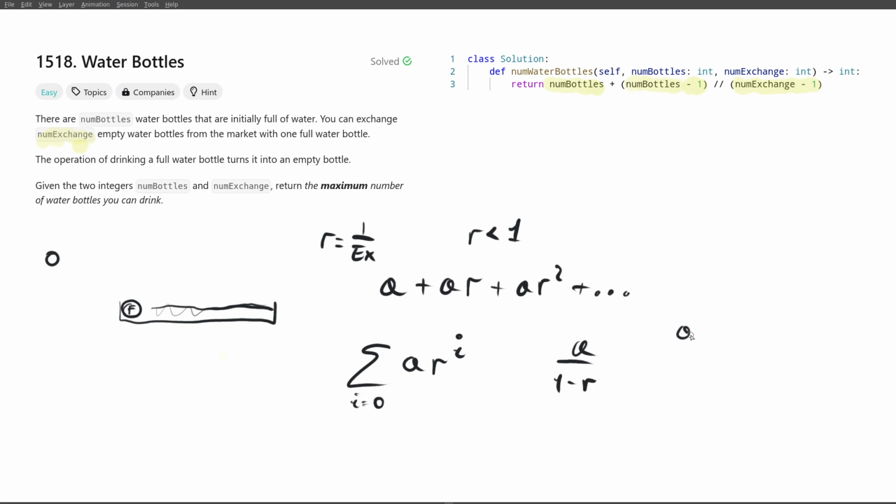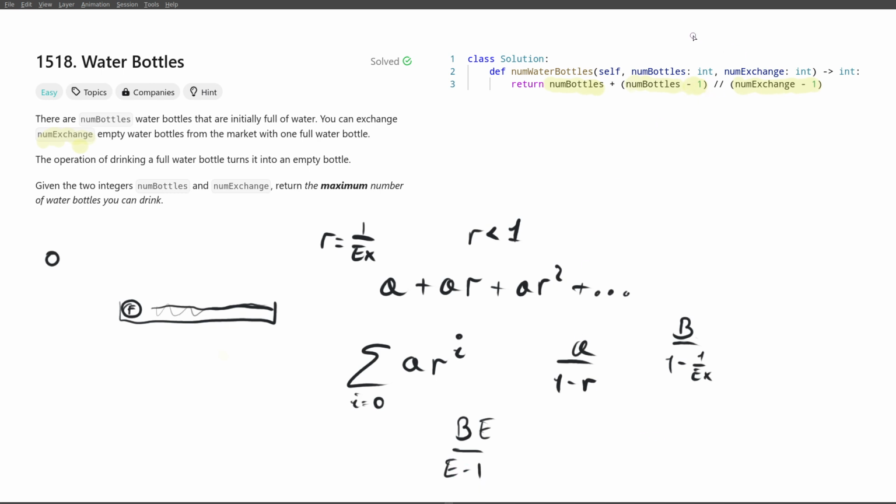So it becomes a divided by 1 minus 1 over exchange, and of course a is equal to our number of bottles, so maybe I write b instead of a here. This is the same thing as b times exchange divided by exchange minus 1.